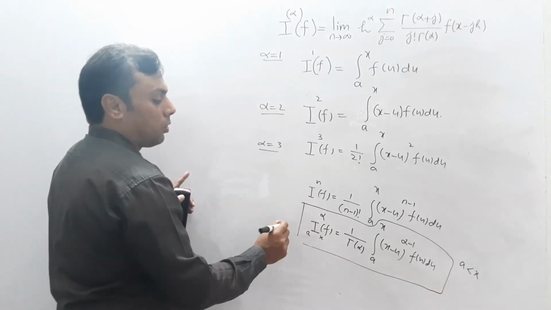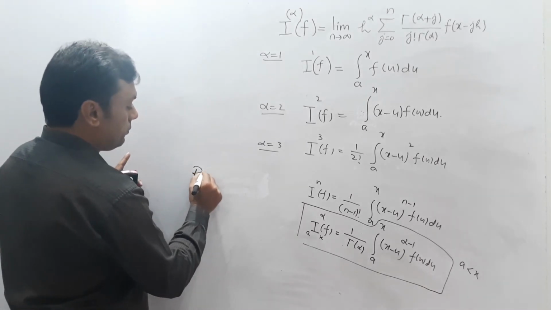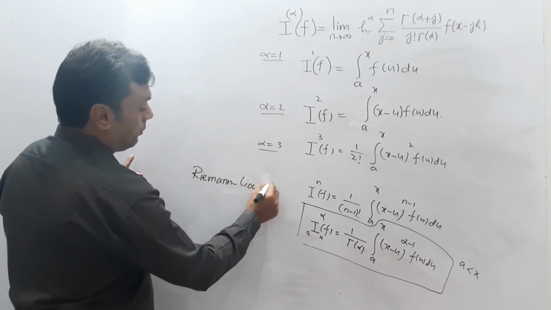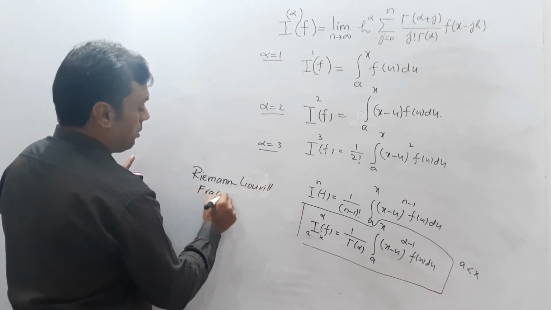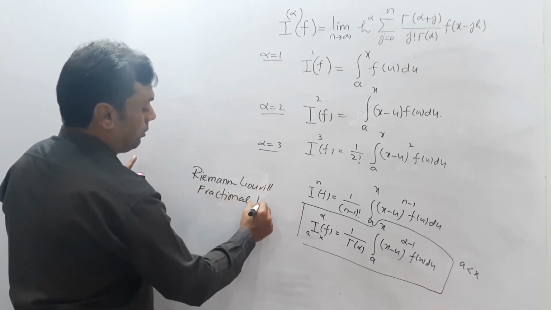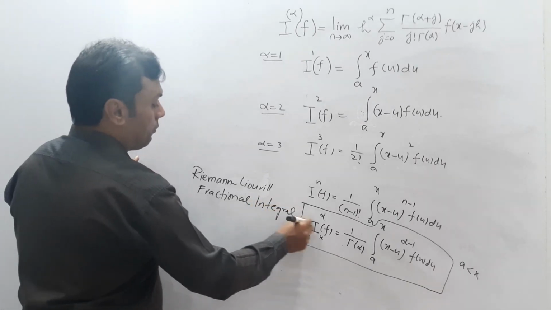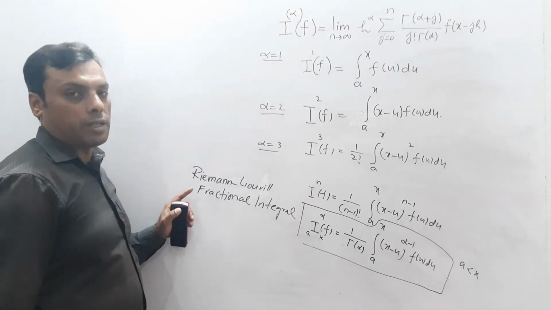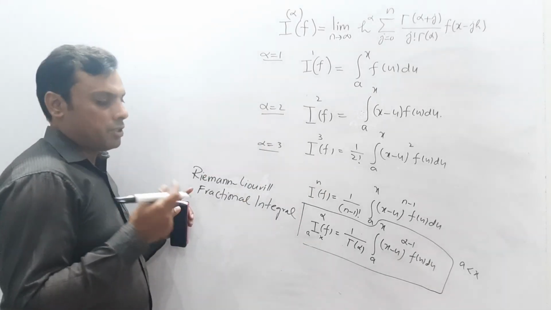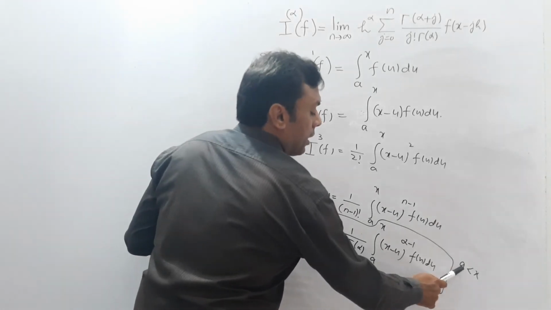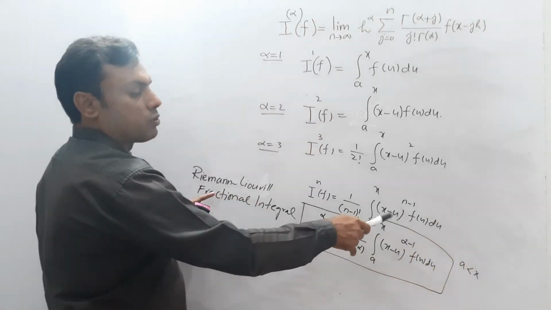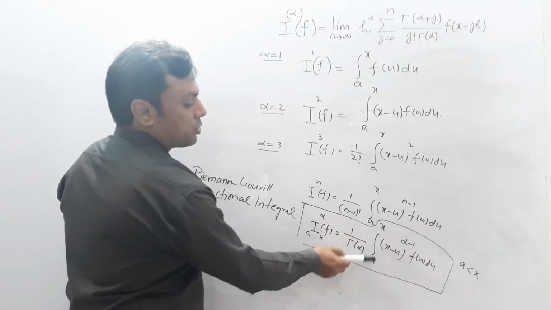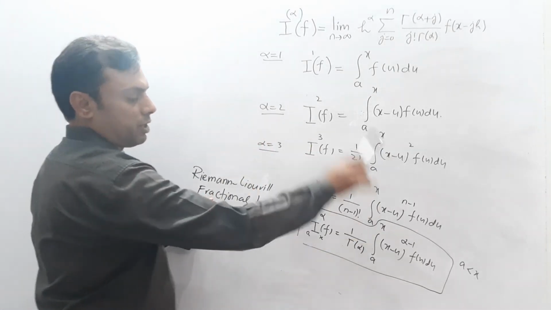So this is called the Riemann-Liouville fractional integral, which is a very good form, and we can apply this to any elementary functions. If a is not less than x, that is, if a is greater than x, we would just need to change the limits from x to a in that case. So this is a very good definition.